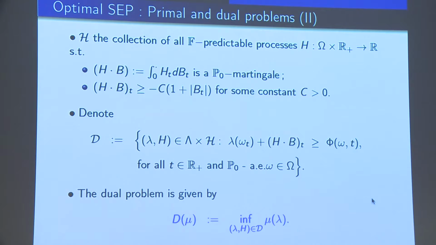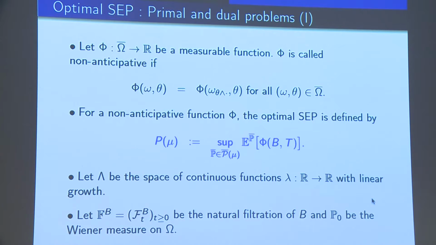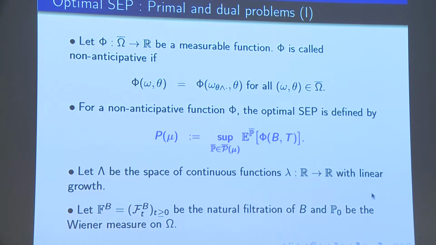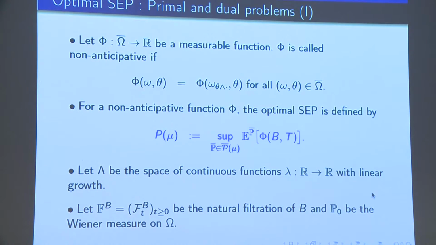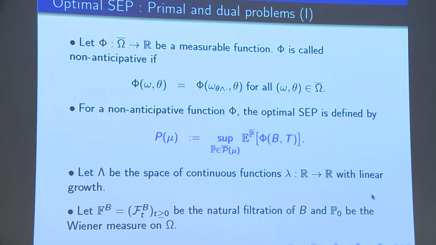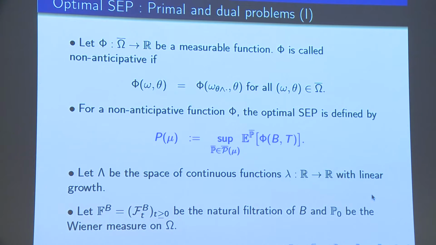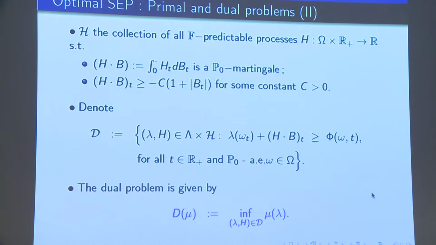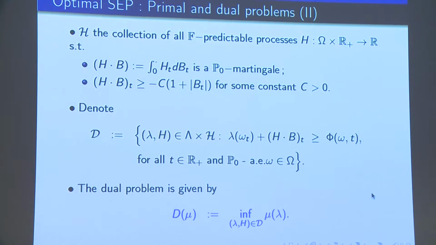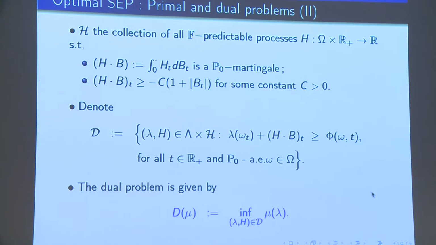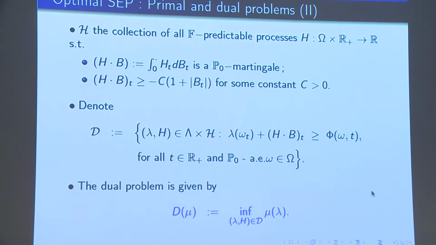Okay, so roughly speaking, for the primal problem, there are two kinds of constraints. First, the B_t is required to have the given law mu, and second, as B is a Brownian motion, it's a martingale. So we penalize respectively these two kinds of constraints by introducing a stochastic integral, a supermartingale, and some function depending on omega and t.